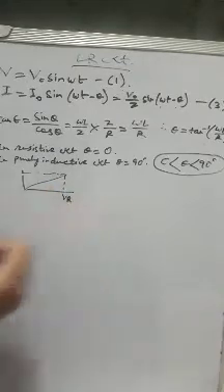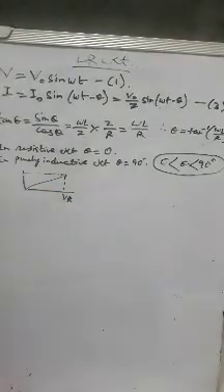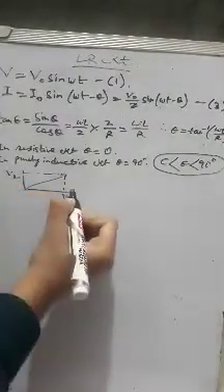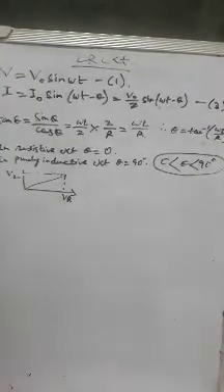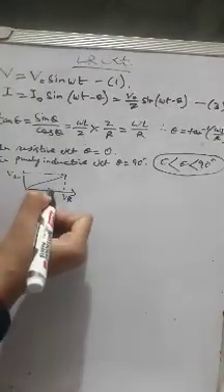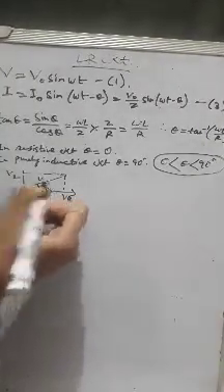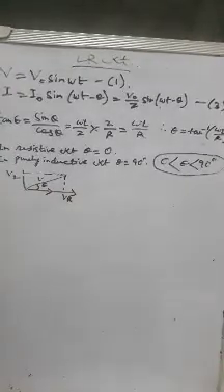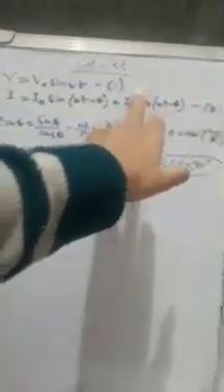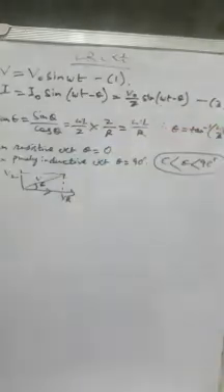This is your VR, this is your VL, this is I, this is V, and this is your theta. So first conclusion, we have seen what we can draw from this derivation. Now let us move to the second conclusion that we can draw from equation number 1 and equation number 3.